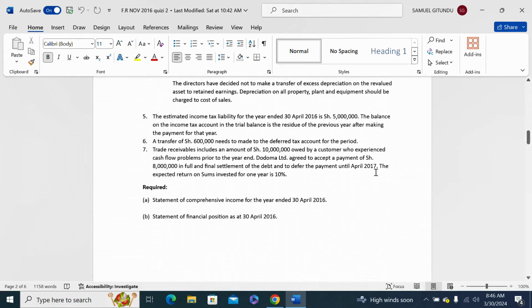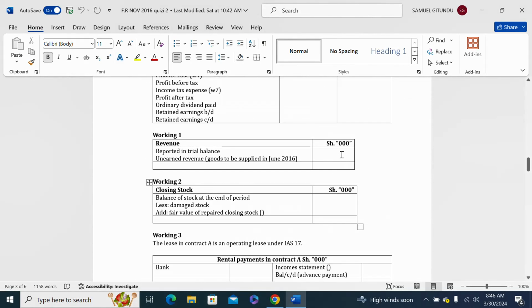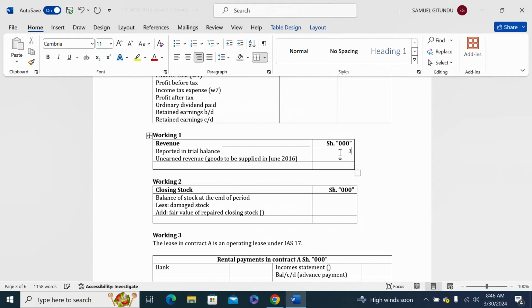We deduct 5 million and we are getting 310 million.